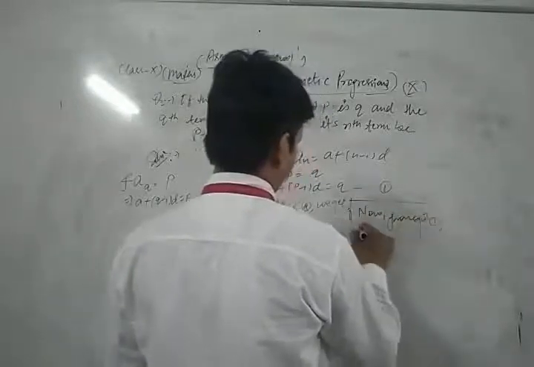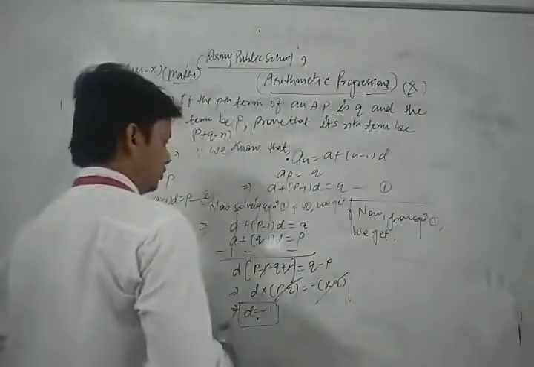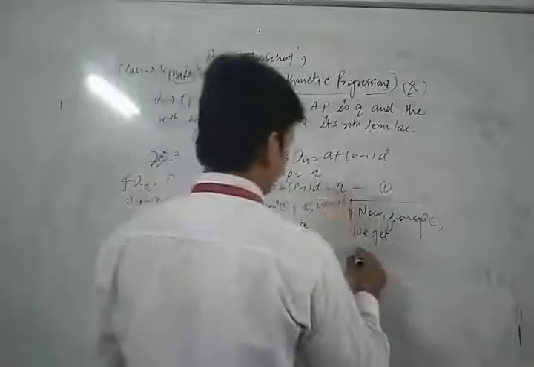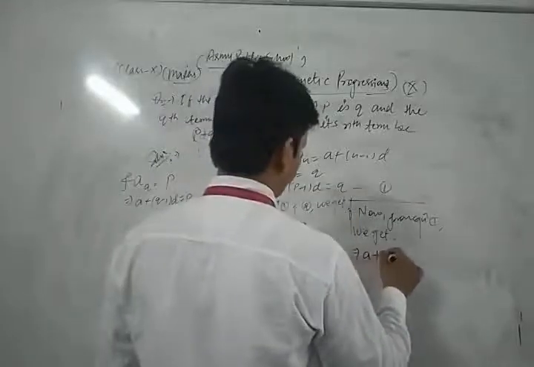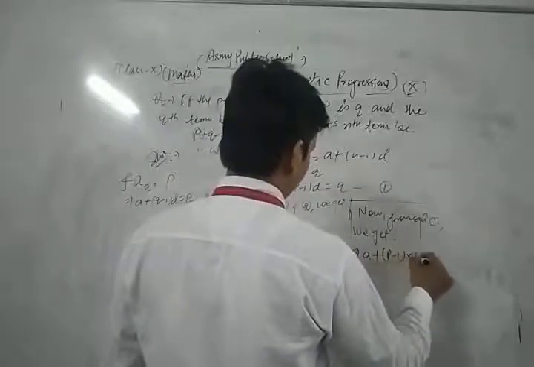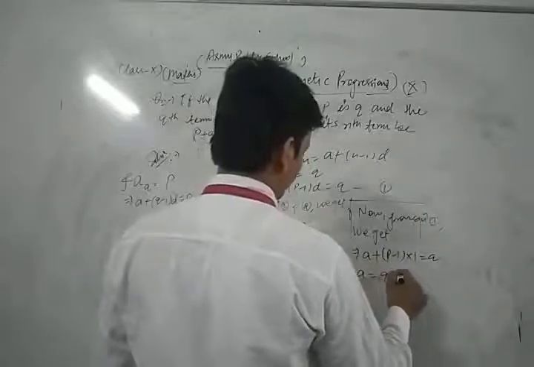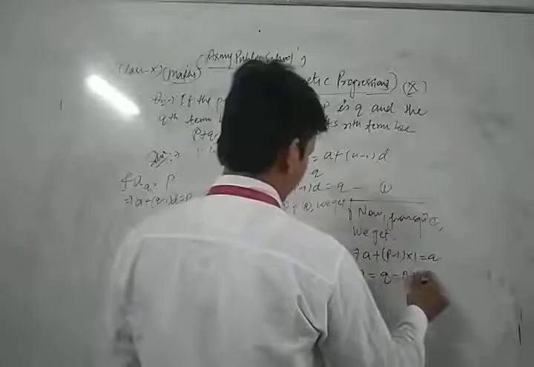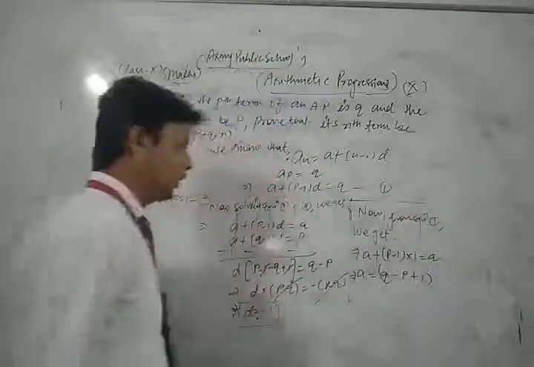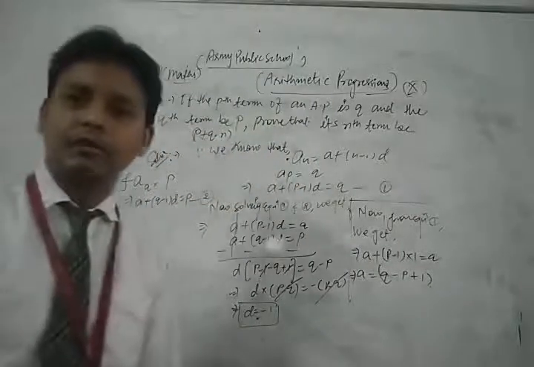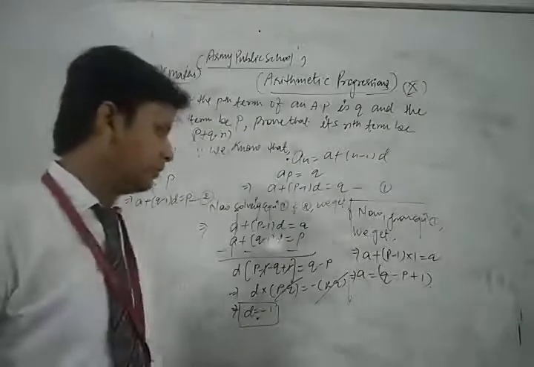From equation 1 we get A plus P minus 1 into D is equal to Q. So A is equal to Q minus P plus 1. This is the value of A. So in this way we find the value of A and D.